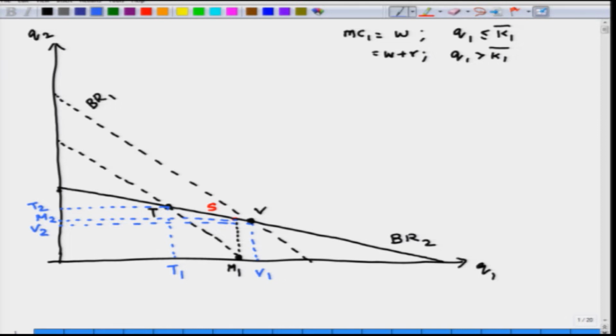So, while we have the entire depiction of the Nash equilibrium outcomes in stage 2, let us ask what is the optimal choice of capacity for the incumbent in stage 1.